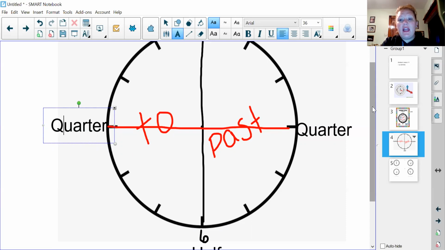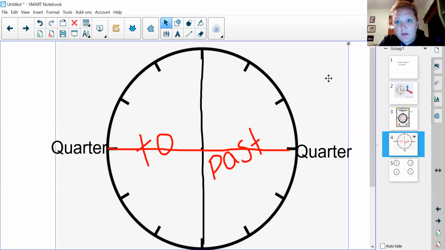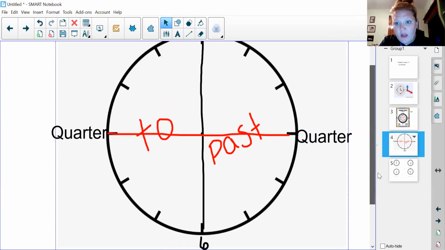All right, so let's go ahead and fill out our clock. Let me make our clock a little bit smaller so we can see it all at one time.